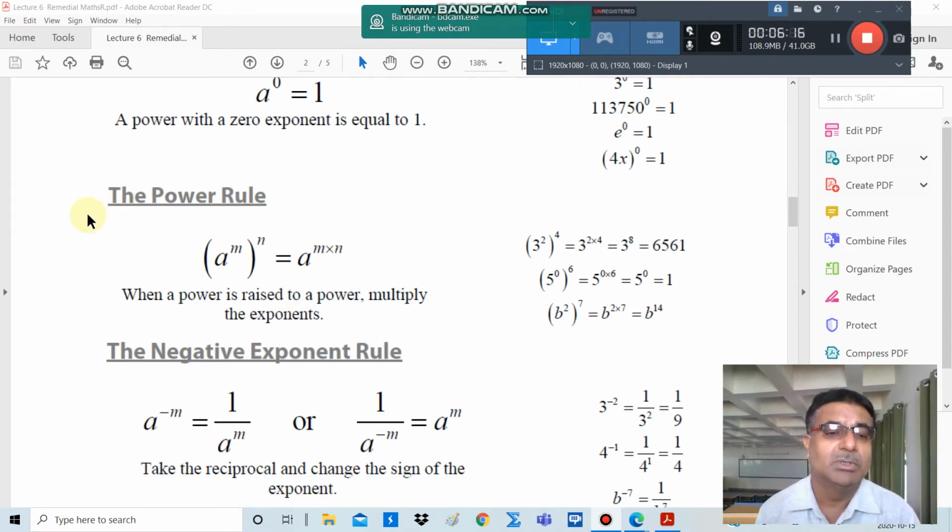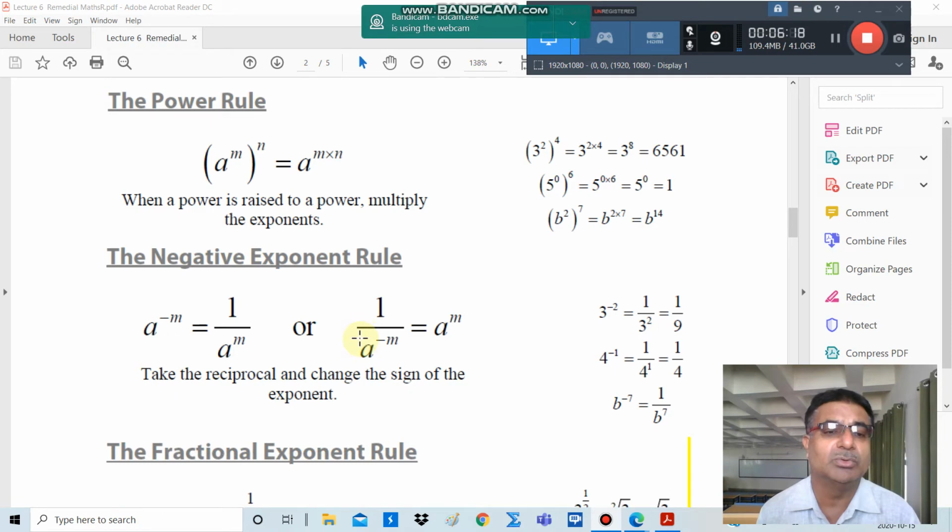Now the negative exponent rule. a power minus m equals 1 upon a power m. The power m, which is negative here, when used, this will be equal to 1 upon a power m, or 1 upon a power minus m will be equal to a power m.